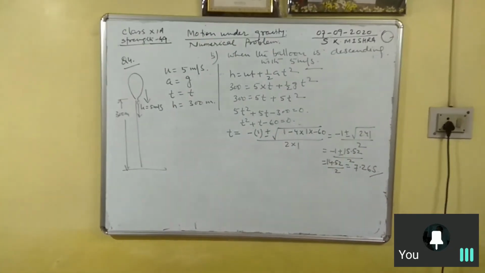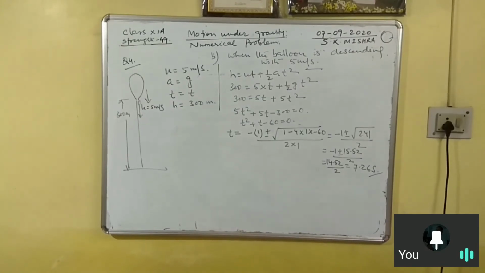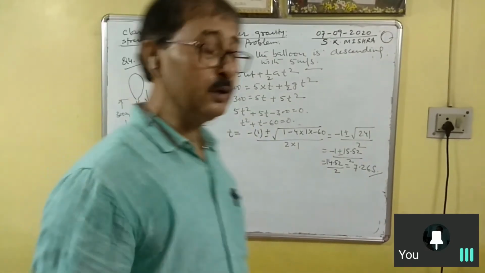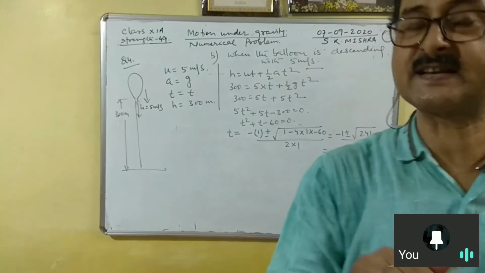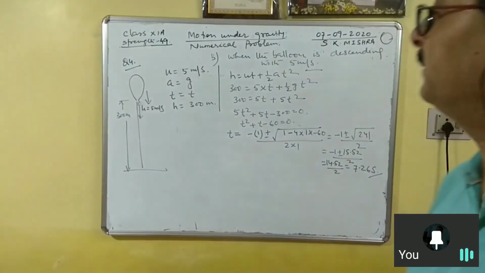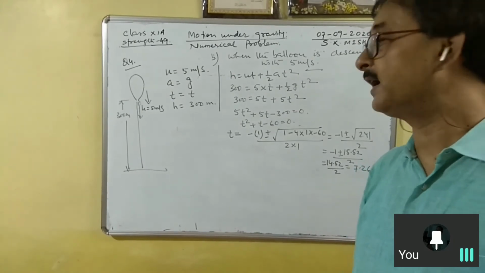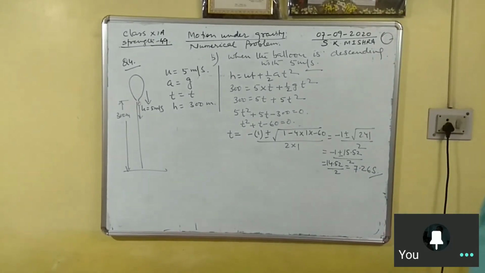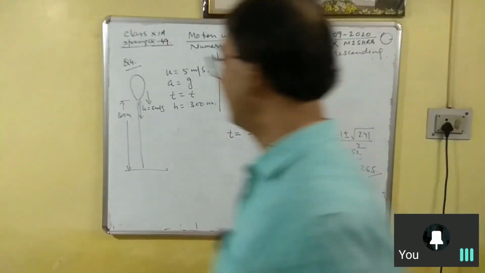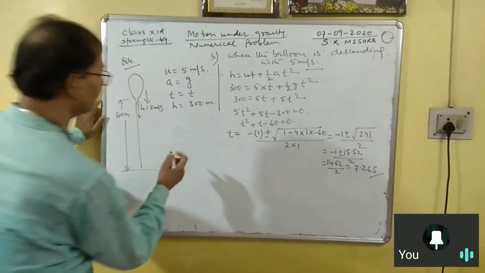There lies a difference. But can you tell me what will happen if the balloon was stationary? The balloon remains stationary, and then you have released the stone. So then time taken will be, yeah, the third case. We are dealing with the third case.